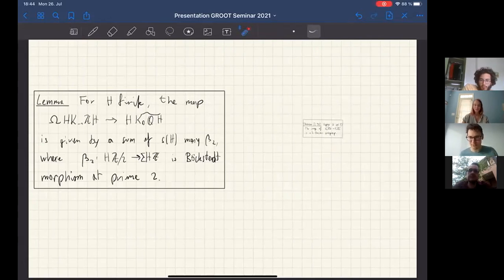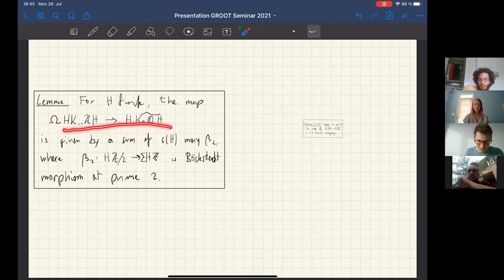Then I'll just state my main theorems, and then we can go into this. So one lemma, if you go back to Carter's papers on negative K-theory of finite groups, you can actually read this off if you are able to translate it into the language of spectra.